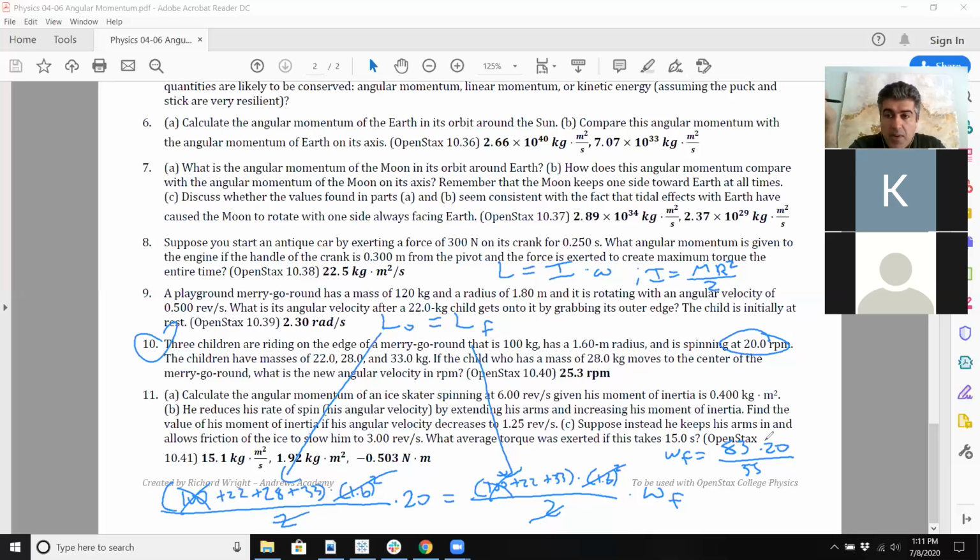The merry-go-round does have 100 kilograms itself, and there's the kids on there as well. But what happens is that when the 20 kilogram kid moves to the center, his radius is now 0, right? So technically it should be moving faster because he's not on the edge anymore.